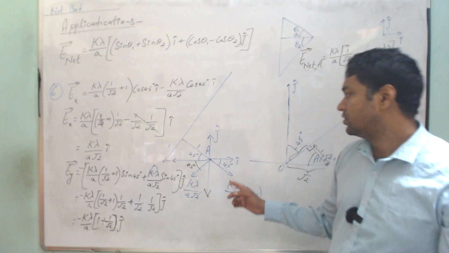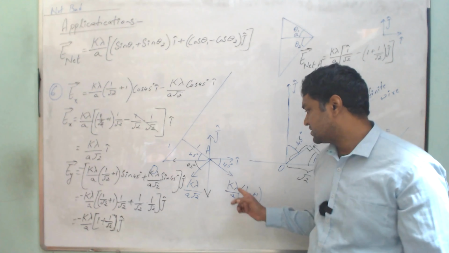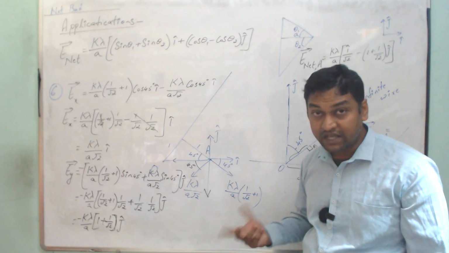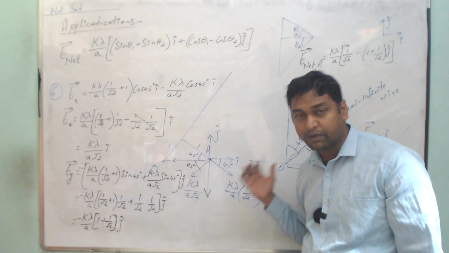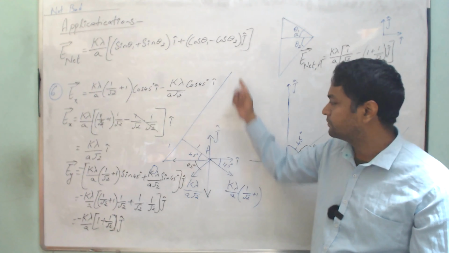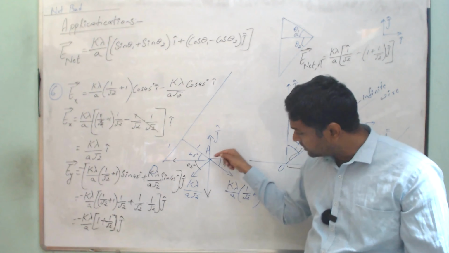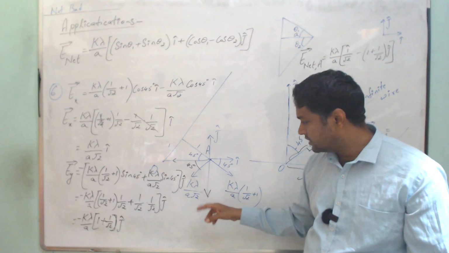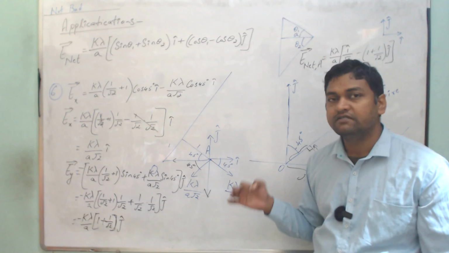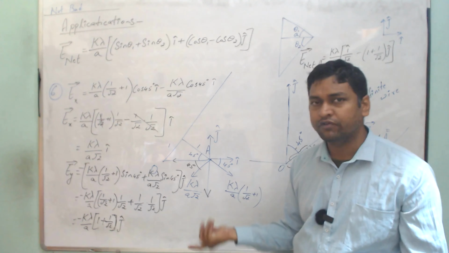So in this direction, I have k lambda by a into 1 plus 1 by root 2, which I am saying away from it in the perpendicular direction. This is my wire. And away from it in the parallel direction is again k lambda by a root 2. Once this is done, everything is 45 degree.